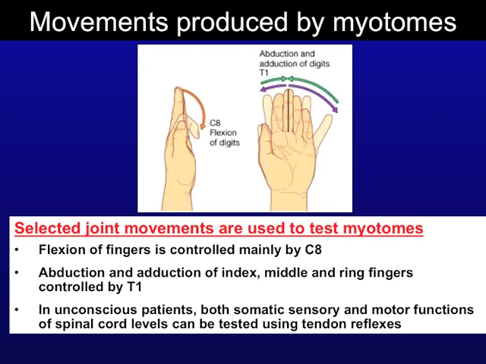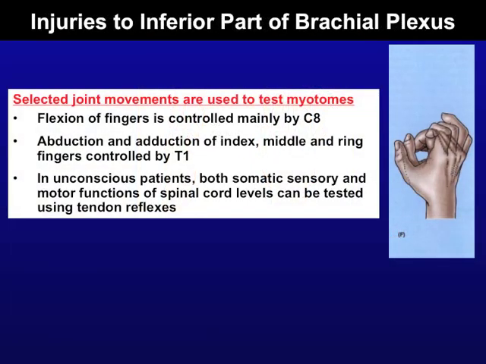The lesion can be confirmed in unconscious patients by performing appropriate tendon reflexes. You will learn about these in physical diagnosis. And now we can appreciate why the C8-T1 lesion is said to result in a clawed hand.